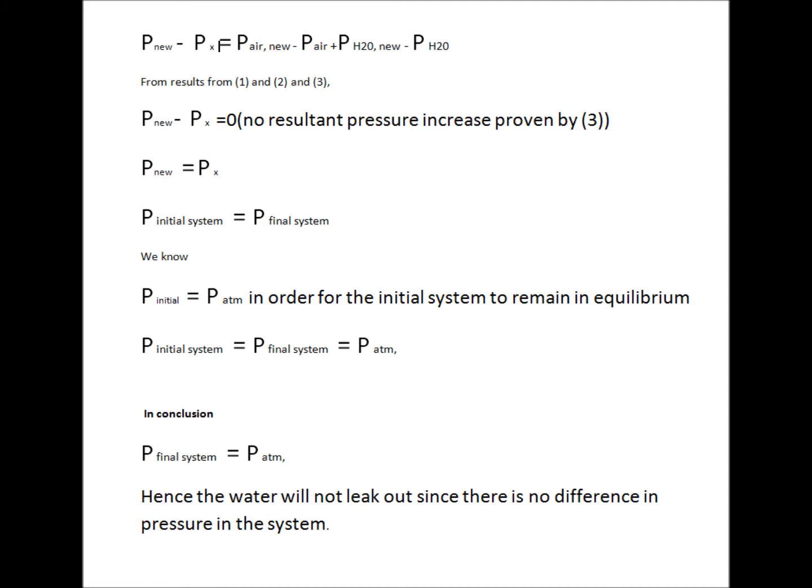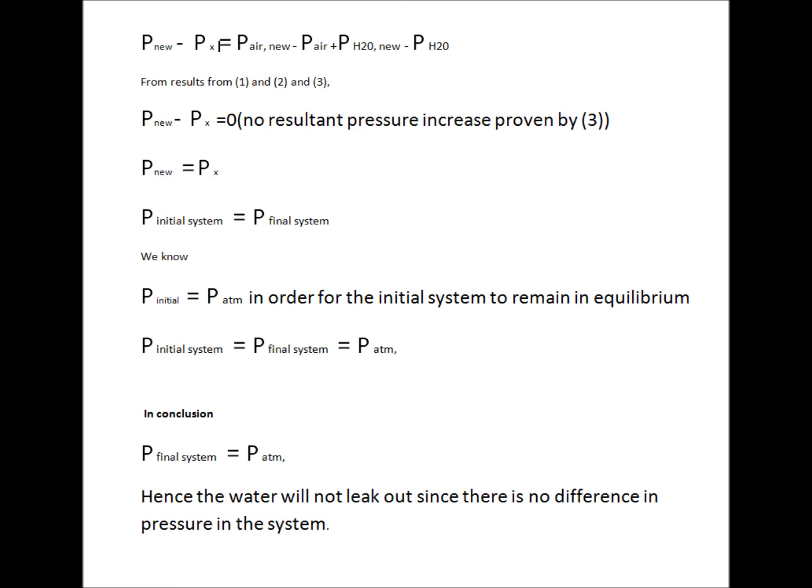And now we look at that of water. We know that there's also no change in the pressure of the water. Although there's an increase in the pressure of the water for the new, it is cancelled out by the pressure that is being exerted onto the water by the cling film. As a result, the final pressure change still accounts to be zero.